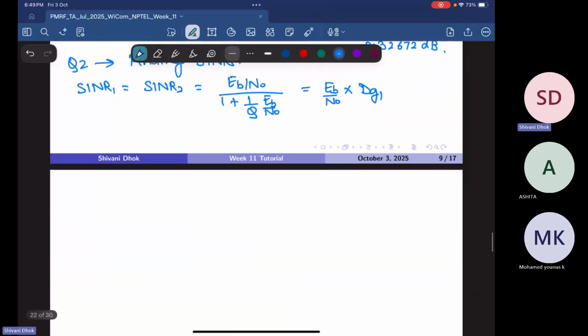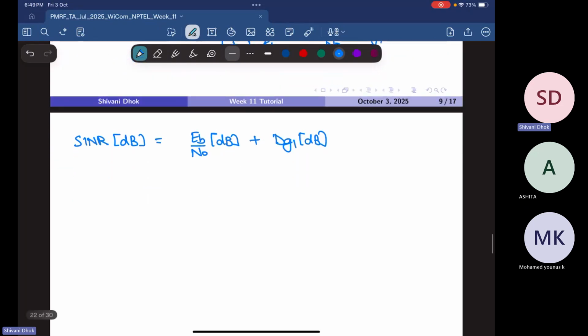So now what we have is, your SINR in dB comes out to be equal to your Eb/N0 in dB plus your dg1 in dB.